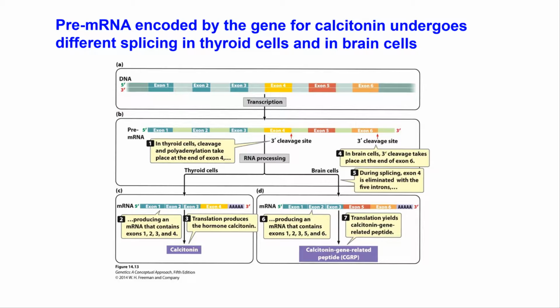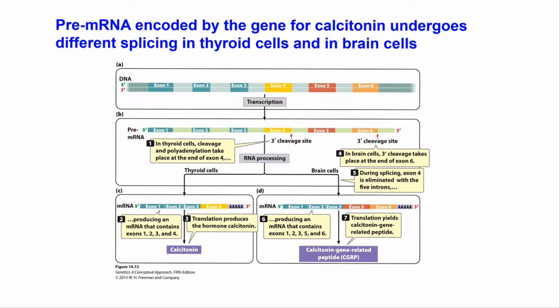Here is one example. It is the pre-mRNA encoded by the gene for calcitonin. This pre-mRNA undergoes different splicing and different 3' cleavage in thyroid cells and brain cells.